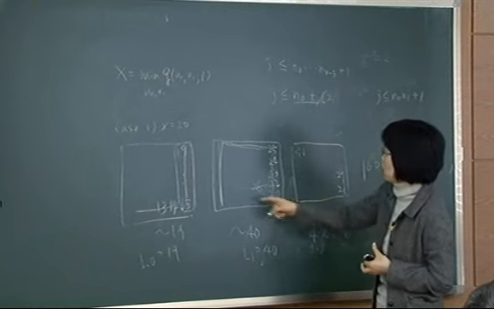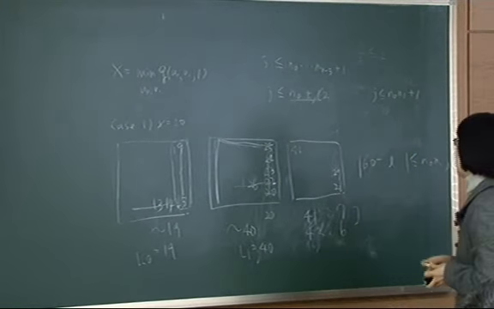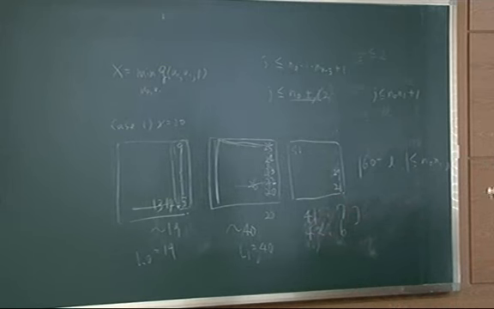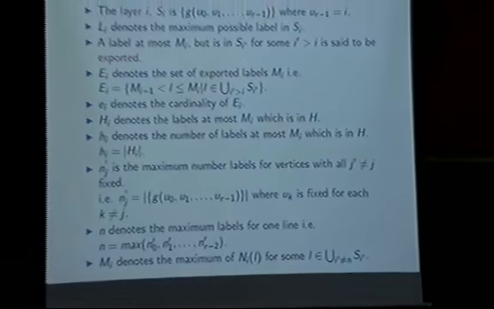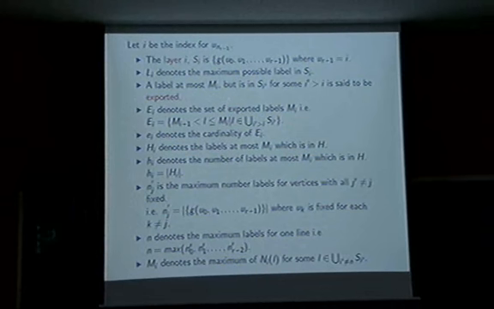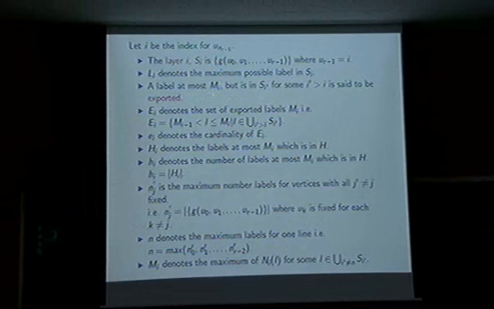And 21 is in between this one, but it goes to the upper layer, then we say 21 is exported. And M_i is the maximum possible size of the upper neighbor of some exported elements. So if 21 is here, then that's the possible size. That's called M_1.